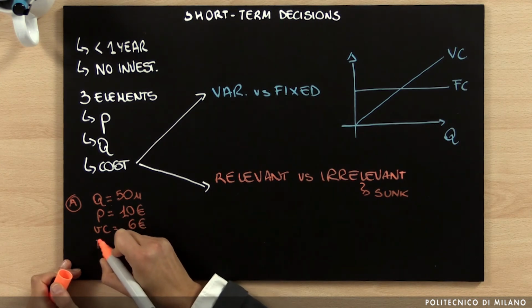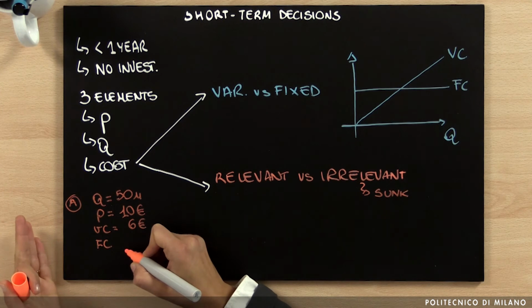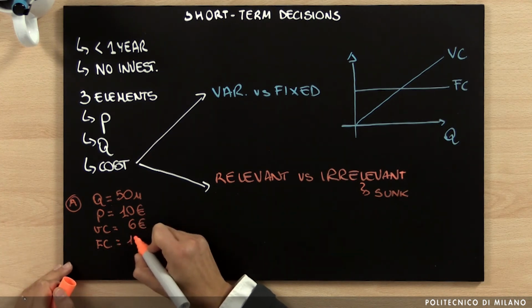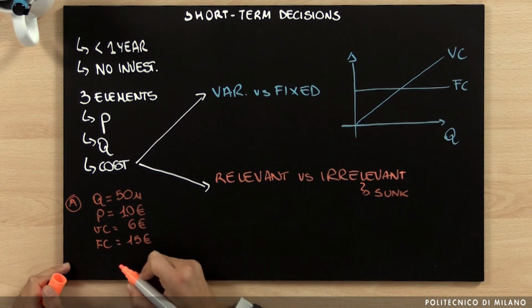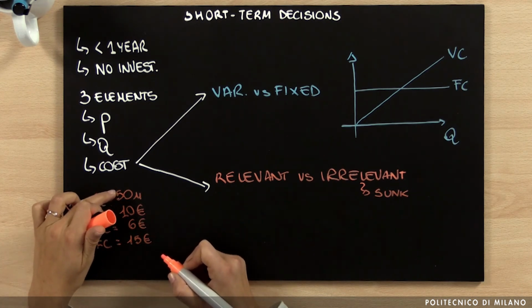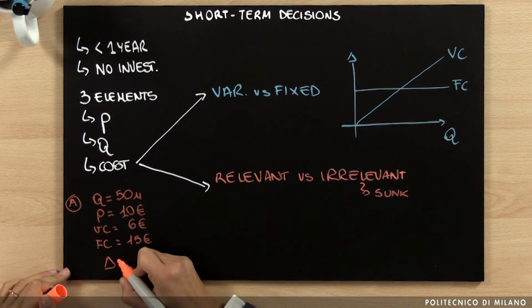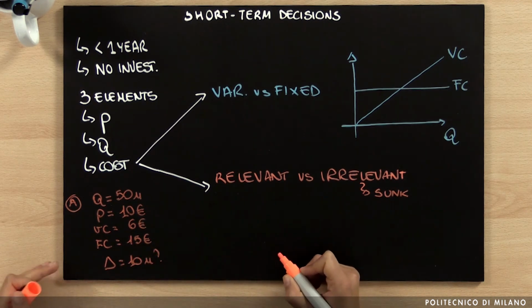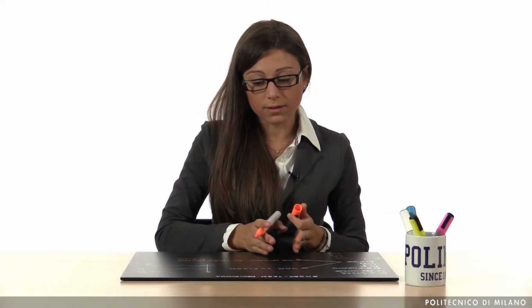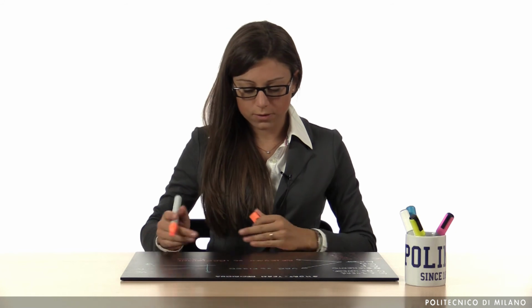Then the total fixed cost, which is related to the marketing campaign, is 15 euros. Our decision is about the convenience of producing 10 additional units. So our question is: is it convenient to add 10 additional units to our production? In order to deal with this kind of decision, we need to distinguish between what is relevant and what is irrelevant in terms of costs.